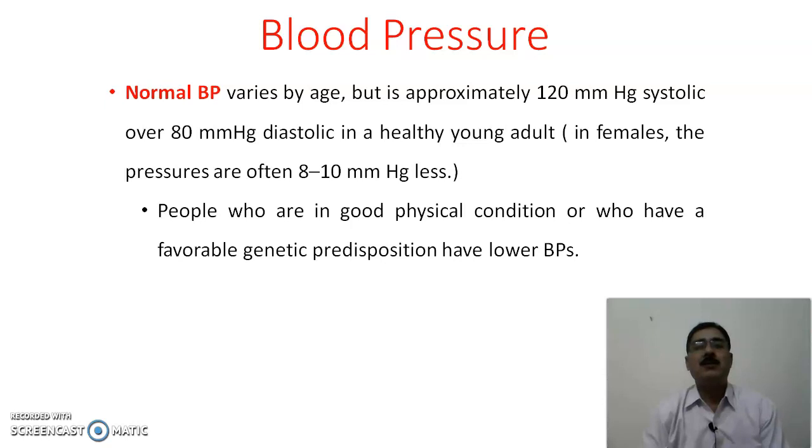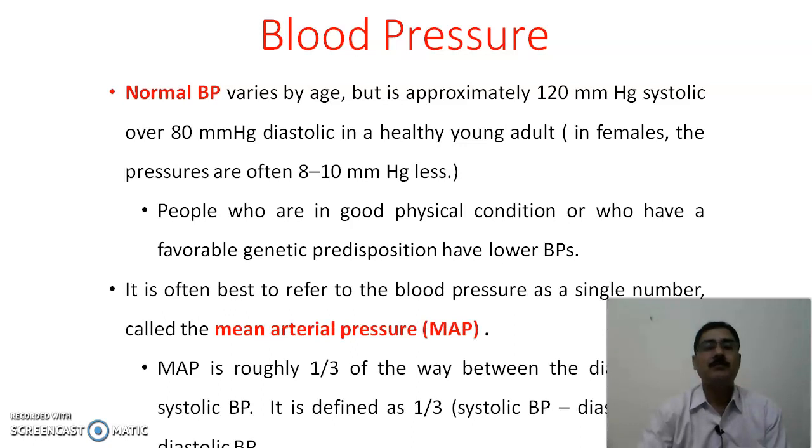In females, the pressure is often 8 to 10 mm mercury less. People who are in good physical condition or who have a favorable genetic predisposition have lower blood pressures.